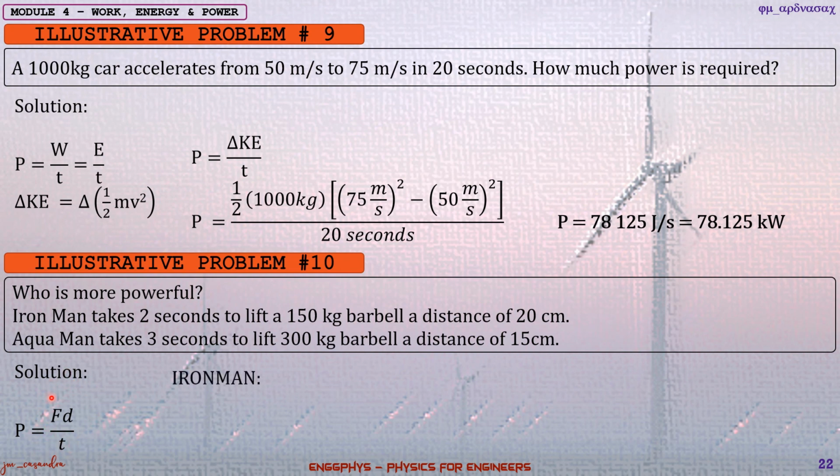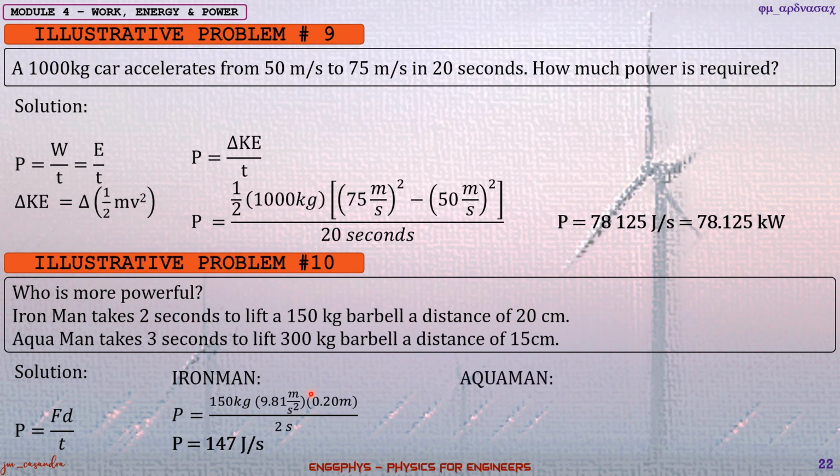Okay? So for Iron Man, substitute the values of force, distance, and time. We'll have 150 kilograms, and to get the force, we have to multiply it by 9.81. We have the displacement at 0.2 meters, and the time is 2 seconds. So the power of Iron Man in his action is equal to 147 joules per second.